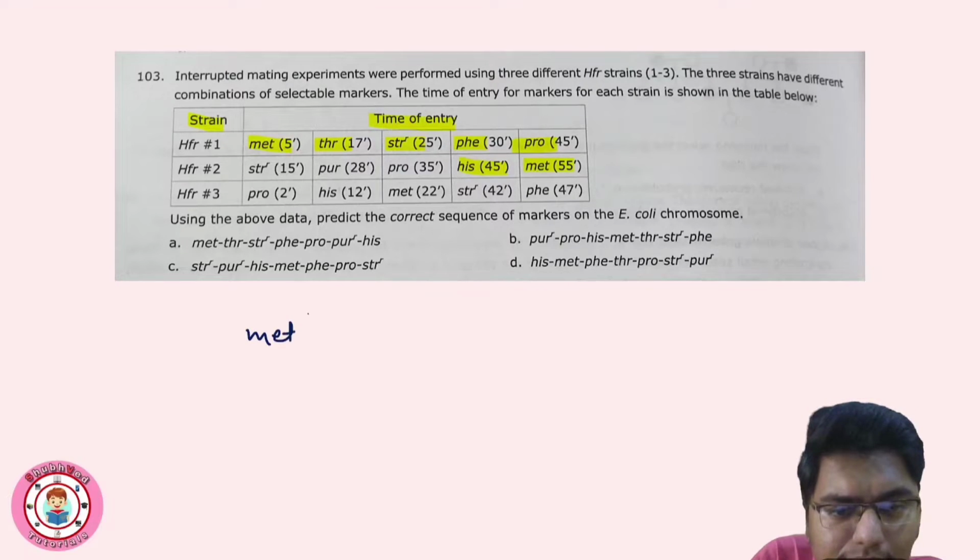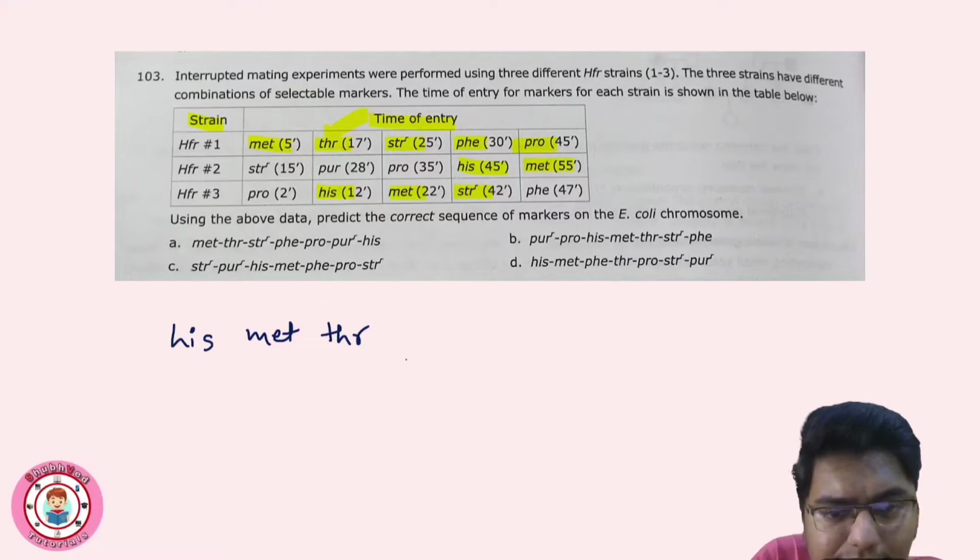Methionine on one side has histidine and on the other side threonine. In the third HFR strain, methionine, streptomycin, and here histidine. So histidine is on one side and on the other side streptomycin. But before methionine and streptomycin there is threonine in the first strain, so we have written threonine.